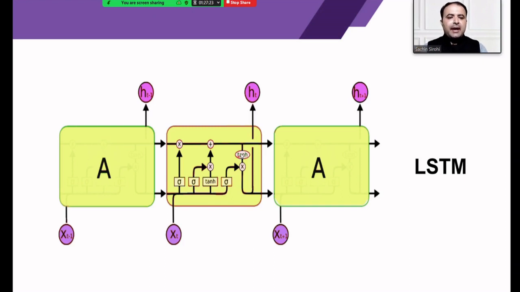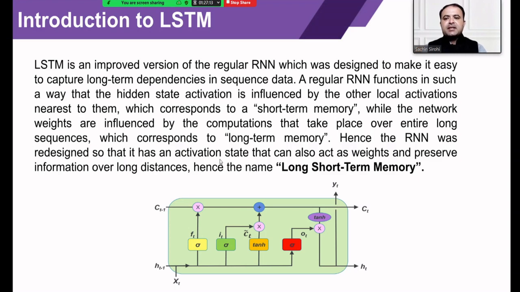Now LSTM. So we have data, and now we again get a model ready. So what is the picture behind this? LSTM is an improved version of the regular RNN, which was designed to make it easy to capture long-term dependencies in sequence data.